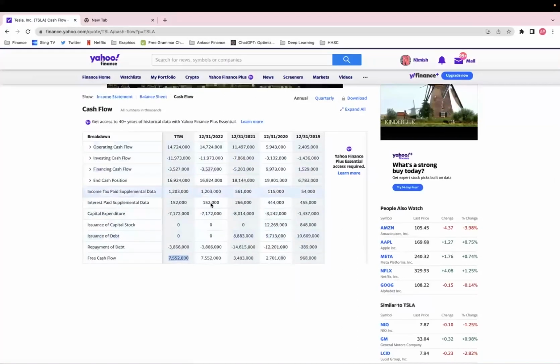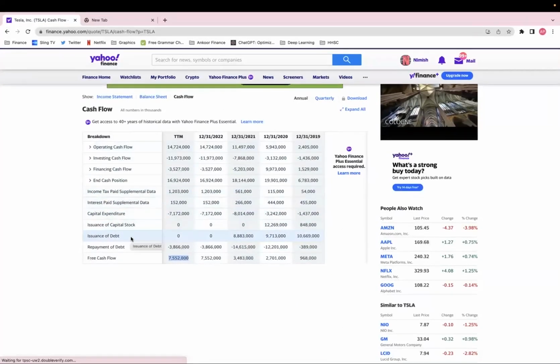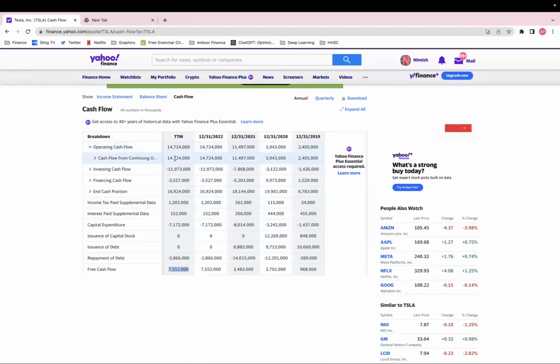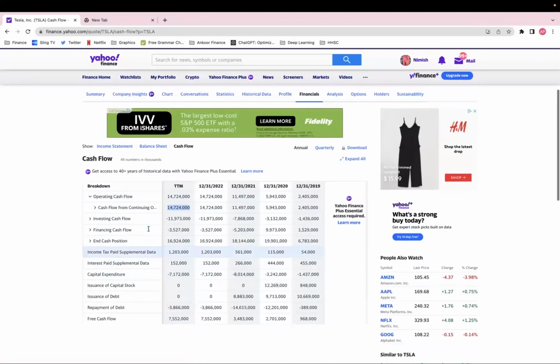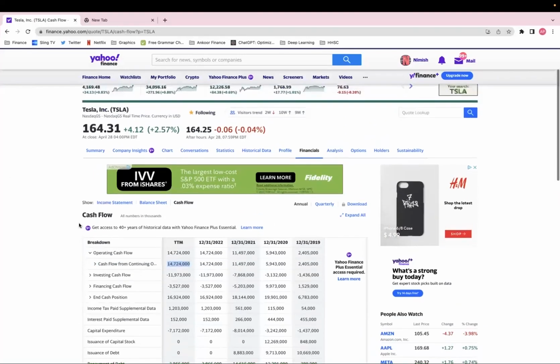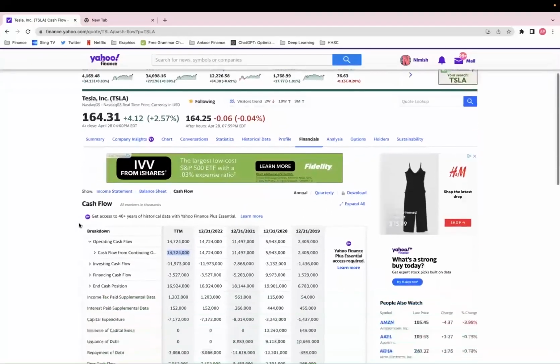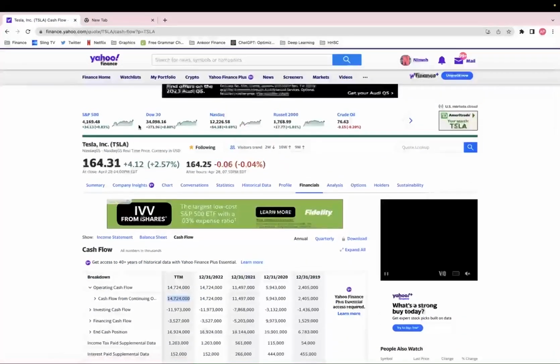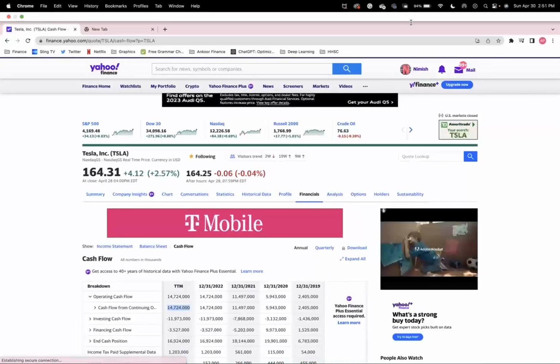These statements are very complicated. This is operating cash flow, 14 billion, or $1 million. So you need to look at this, and usually we check all these things when we compare Tesla versus GM versus Ford. That's what we do.